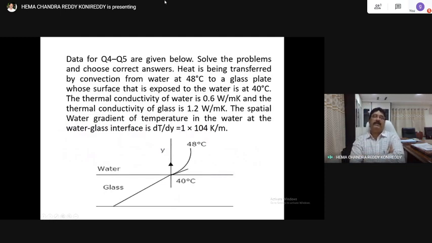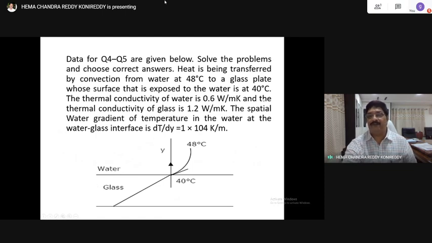Data for the next 2 questions is given. Solve the problem, choose the correct answers. Heat is being transferred by convection from water at 48 degrees centigrade to a glass plate which is at 40 degrees centigrade. Glass plate at 40 degrees centigrade, water at 48 degrees centigrade. Here the glass plate is below and the water is above.